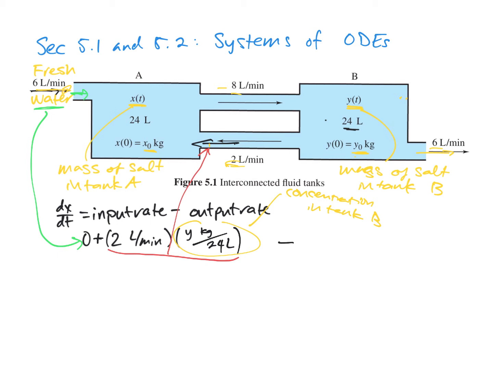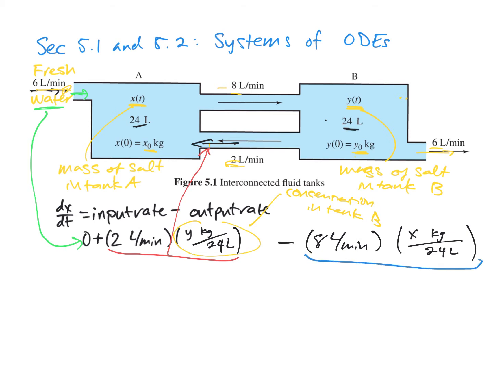So we'll do a minus, and now we'll have 8 liters per minute times the concentration in tank A. So that's going to be X kilograms per 24 liters.